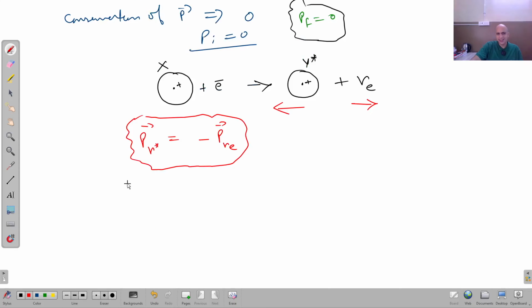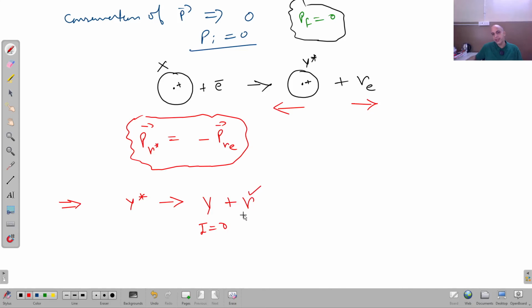In the next step, when this excited nucleus comes to the ground state, it emits a gamma ray photon. Now it is in the ground state with I equal to 0, and a gamma ray photon is emitted.